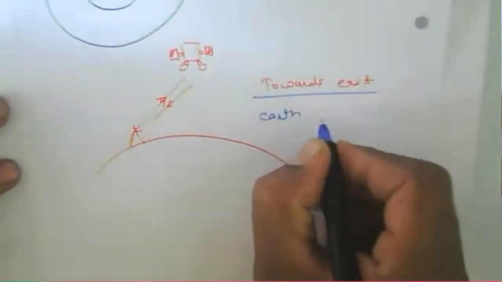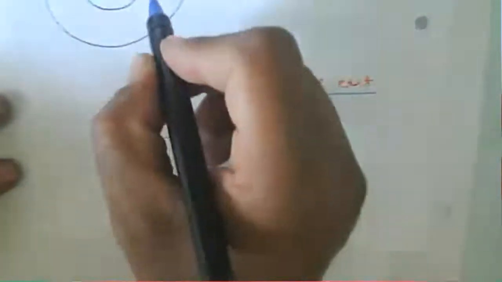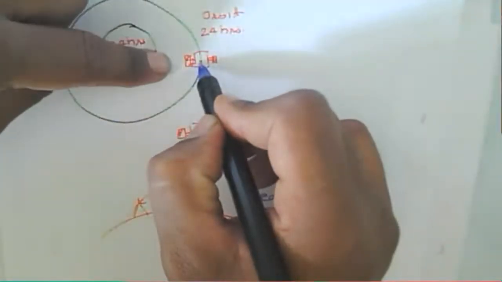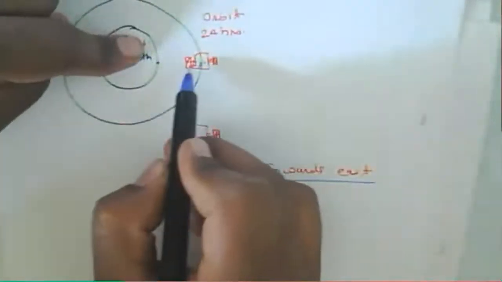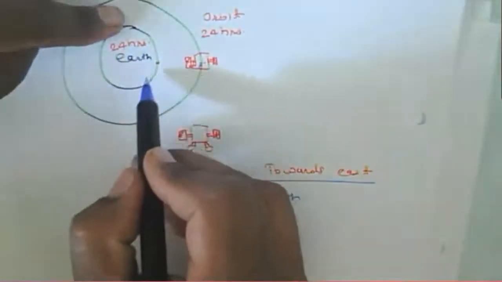Whatever the velocity of the Earth's rotation, the satellite rotates around the Earth at the same velocity. So it is rotating the same, and it looks fixed.